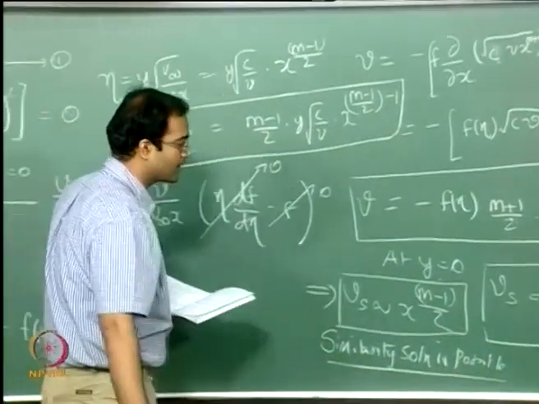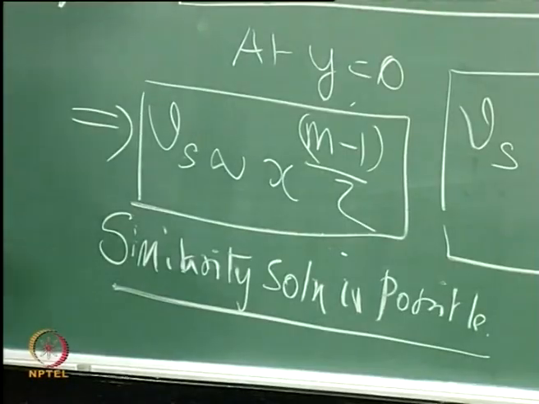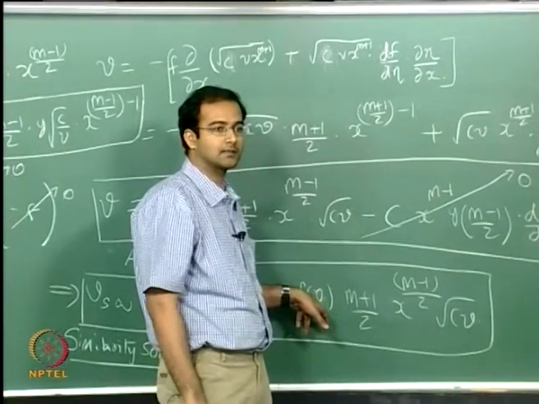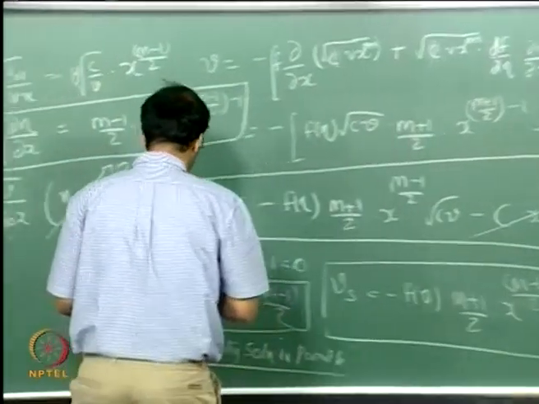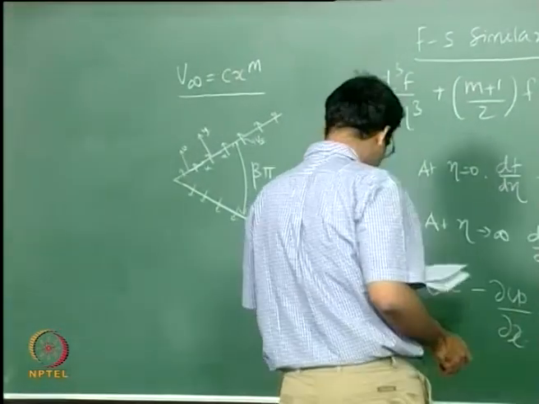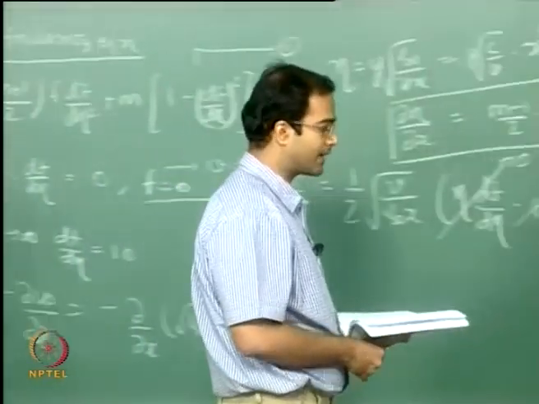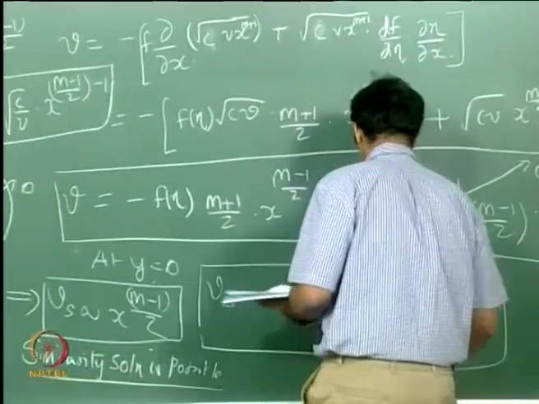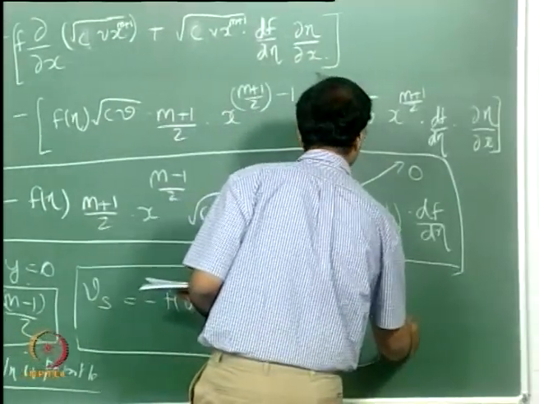Okay, only then your f of naught is a constant. For a given value of m, your f of naught will become a constant. Okay, so now putting this condition, we can write the boundary condition for f at eta equal to 0. Let us call this equation number 2.